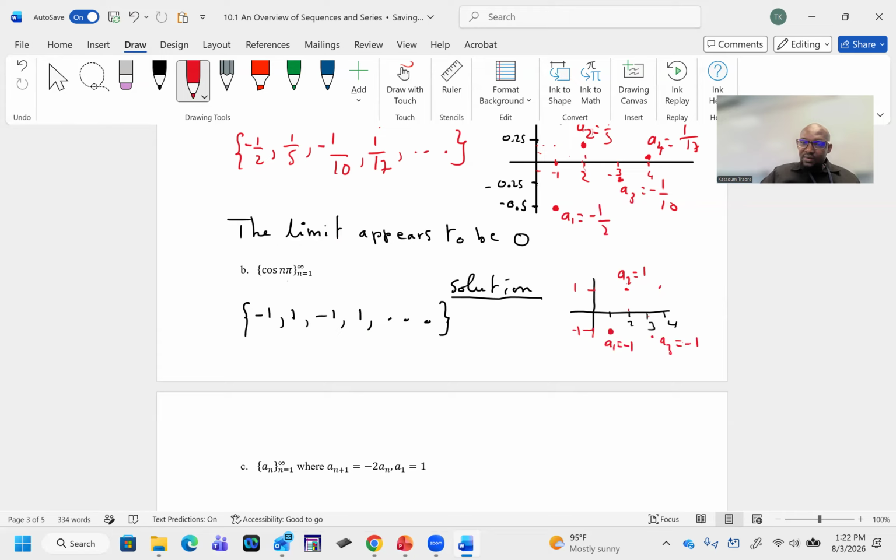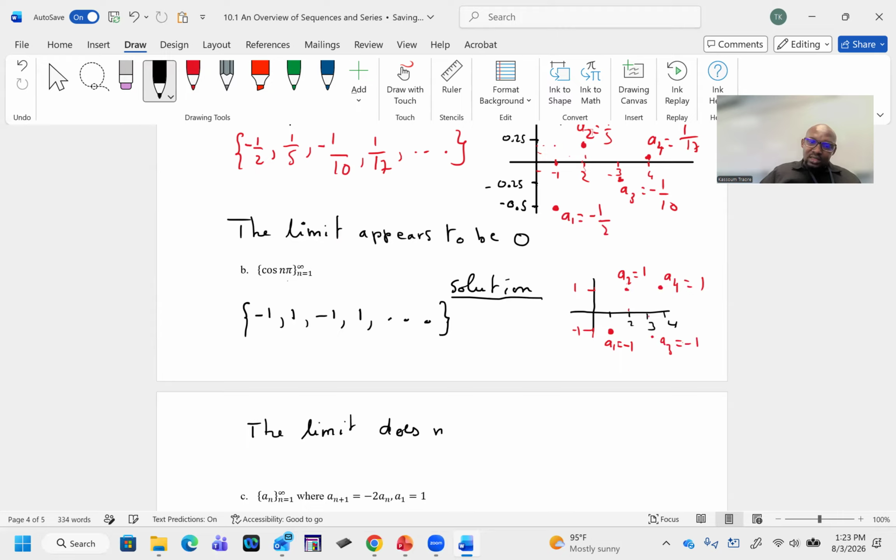N is 4, a sub 4 is 1. So in this case, the limit does not exist. This sequence diverges, okay?